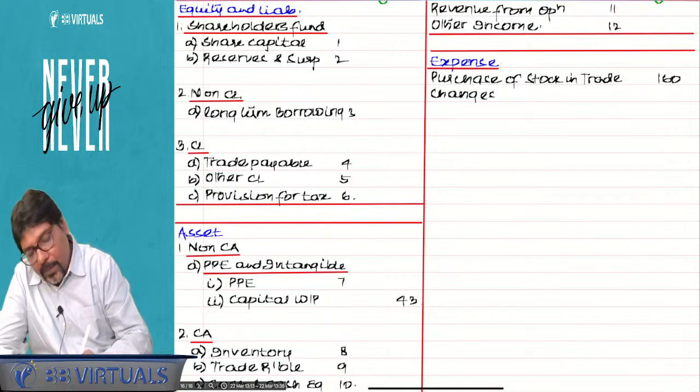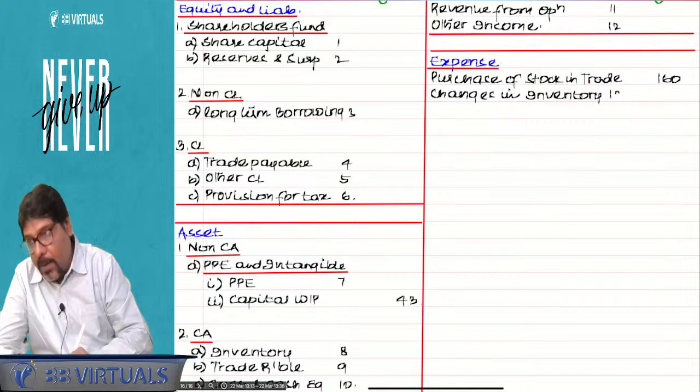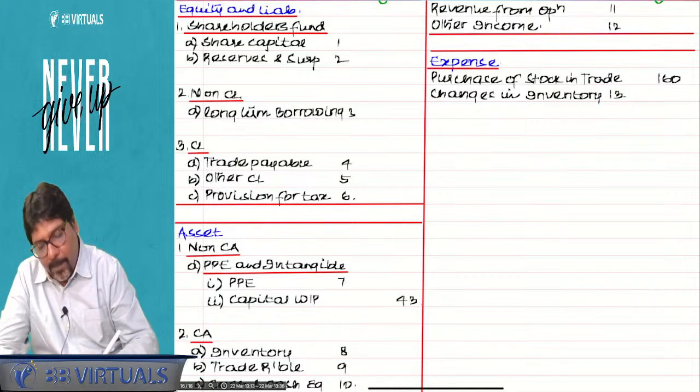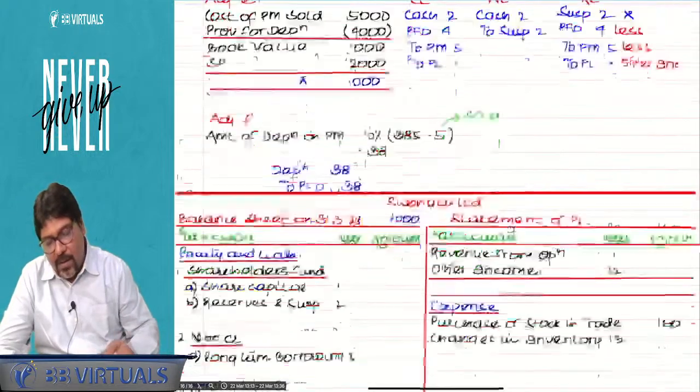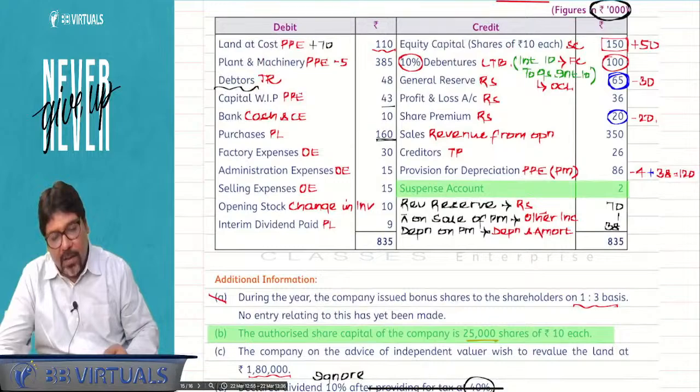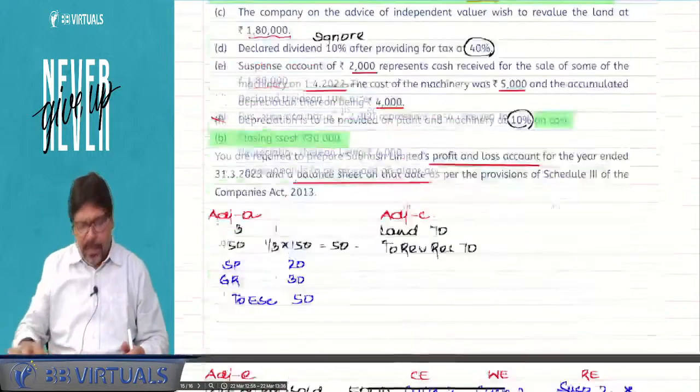Then you've got changes in inventory. 13. Correct. Then you've got employee benefits. Salaries, wages, anything you have? No employee benefits.